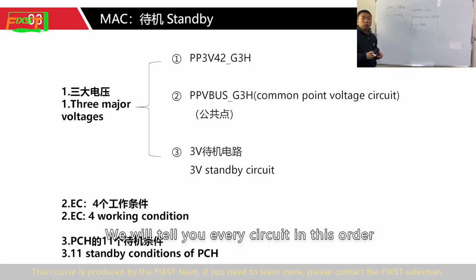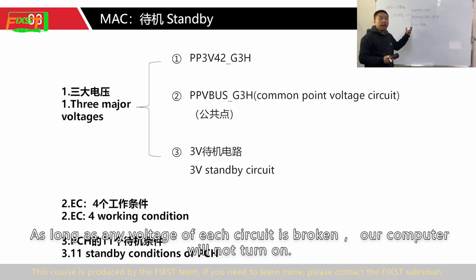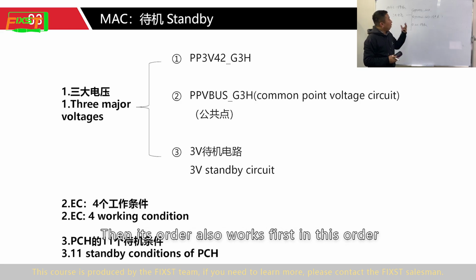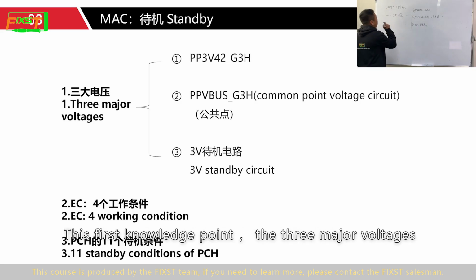We will go through every circuit in this order. As long as any voltage of any circuit is broken, our computer will not turn on. Its order also works first in this order. This is the first knowledge point, the 3 major voltages.